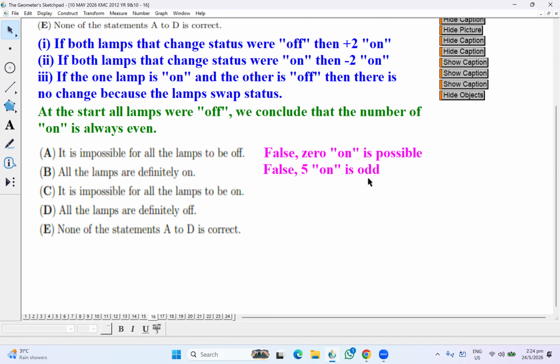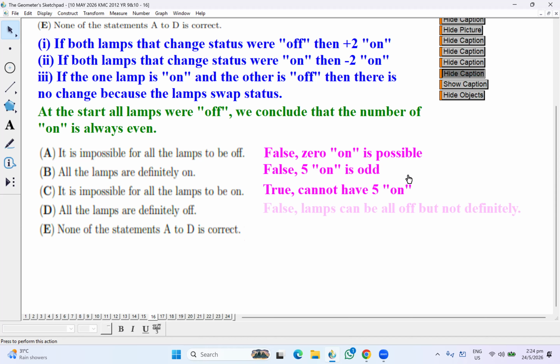You must have even. So false. Third statement: impossible for all the lamps to be on. True, because you cannot have all on. All on is 5. 5 is odd. So impossible. So true, impossible for all lamps to be on.